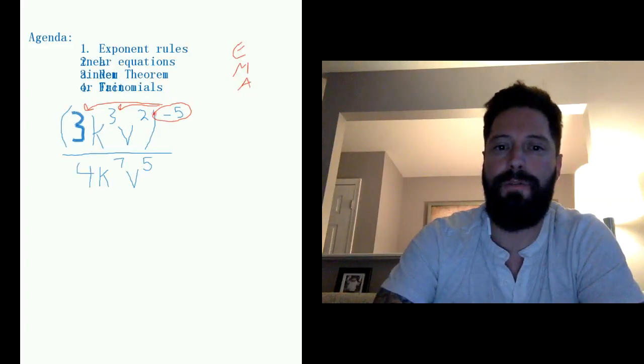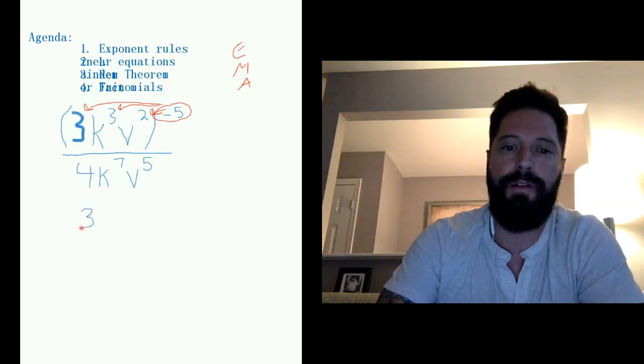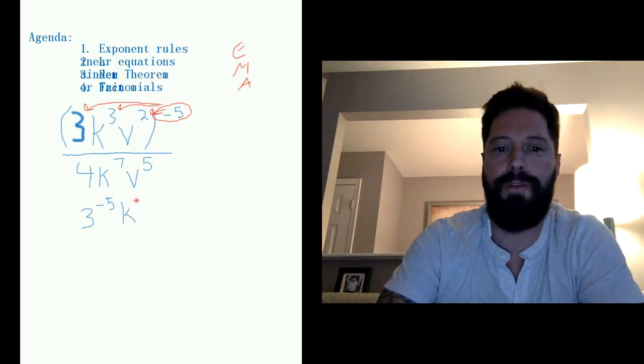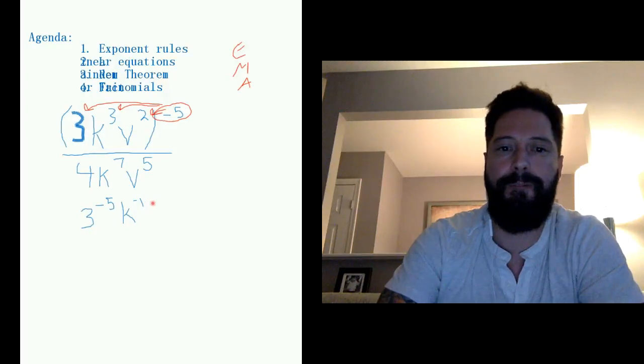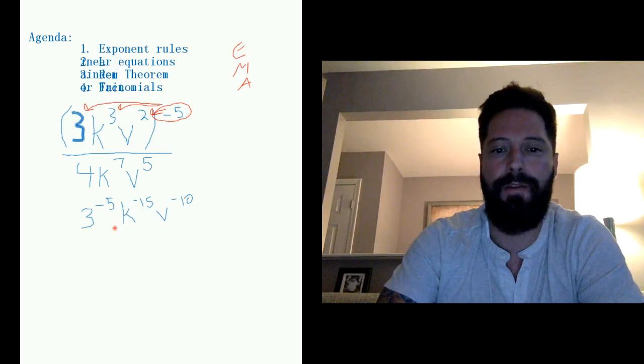So I'm allowed to distribute this, and we're going to rewrite this as 3 to the negative fifth, k to the negative 15, and v to the negative 10th, all over, we do this one step at a time, 4k^7 v^5.